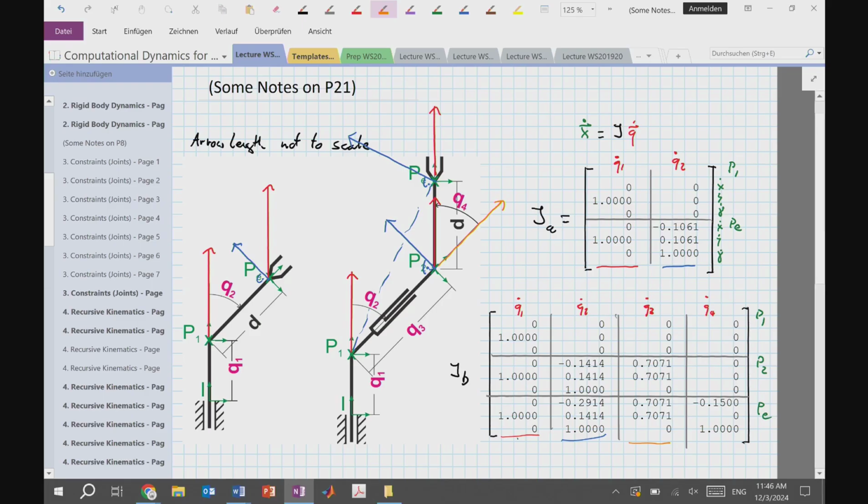And again, with the same length, right? These arrows that correspond to translational motion should have a length of 1, because there's not really a lever arm involved or a transmission ratio. The transmission ratio is 1. So they should have length 1. That's not drawn to scale here, because otherwise all the other arrows would be way too small.